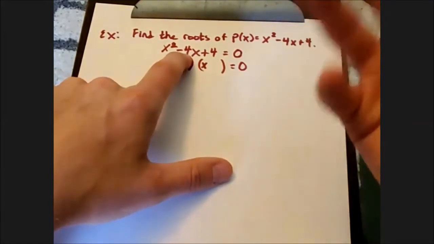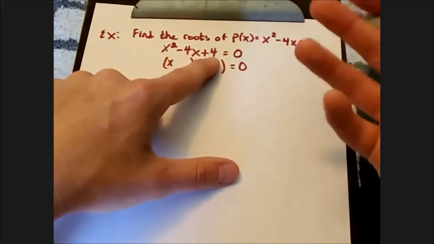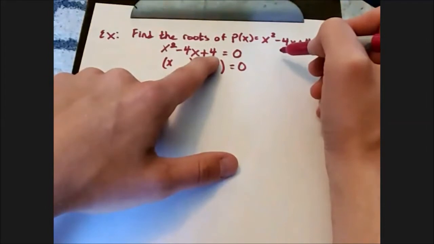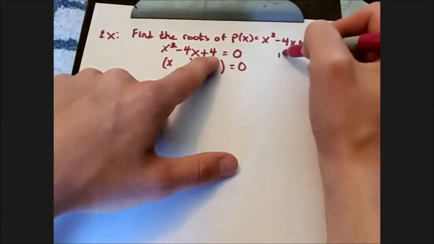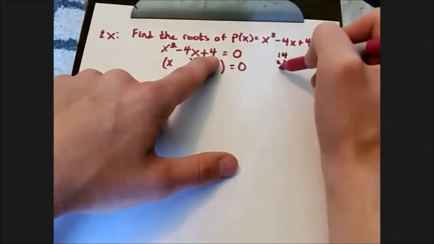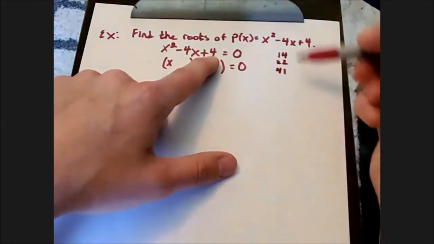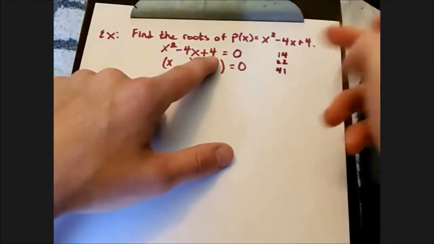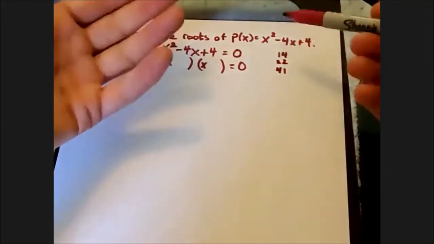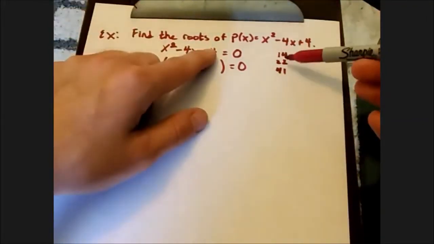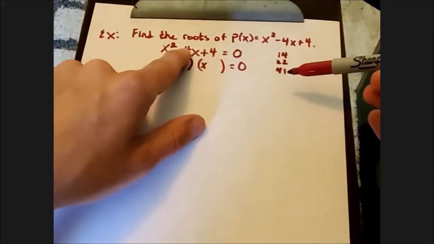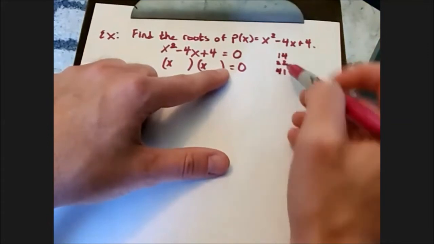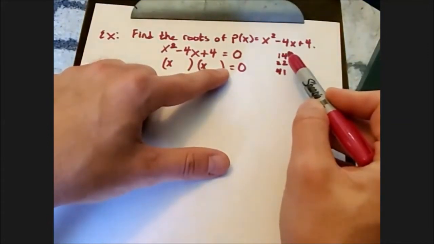So think through that. Think of all the numbers that multiply to 4. Also, if you have a hard time thinking about this, you could just list the factors of 4. For example, you could do 1 and 4, 2 and 2, and 4 and 1. Those are the only sets of numbers that multiply to 4. And then you could figure out which one of those, and then of course you'd have negatives involved as well, but which one of these pairs could also add to, in this case, -4. And it would have to be this set right here, because if you add 1 and 4, you get 5.